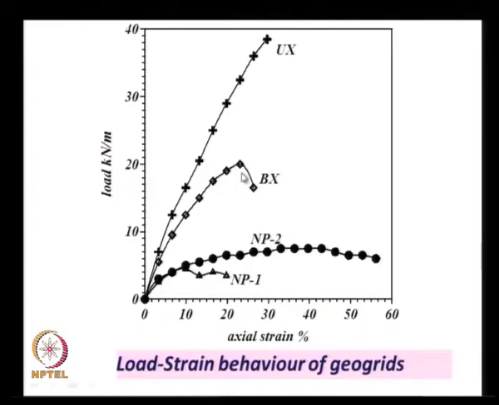Then there was a biaxial geogrid with a peak strength of about 20 kilonewtons at a strain level of about 20%, and then the uniaxial geogrid that has peak strength above 40 kilonewtons per meter, and that develops at about 25% axial strain.